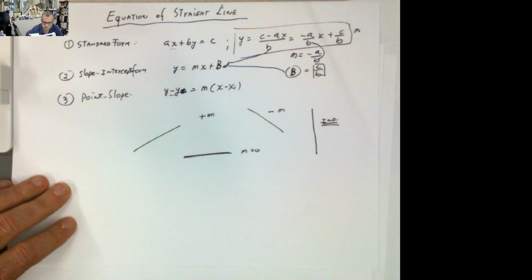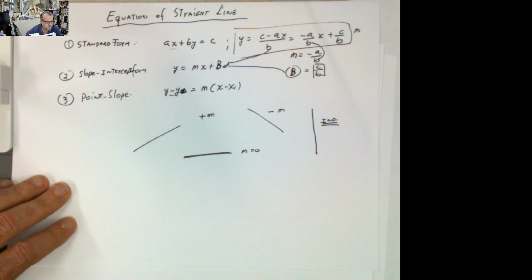Let's say that you have a problem that requires that you calculate the equation of a straight line, and then you have, I don't know, find the equation of the straight line that passes through 2 points.